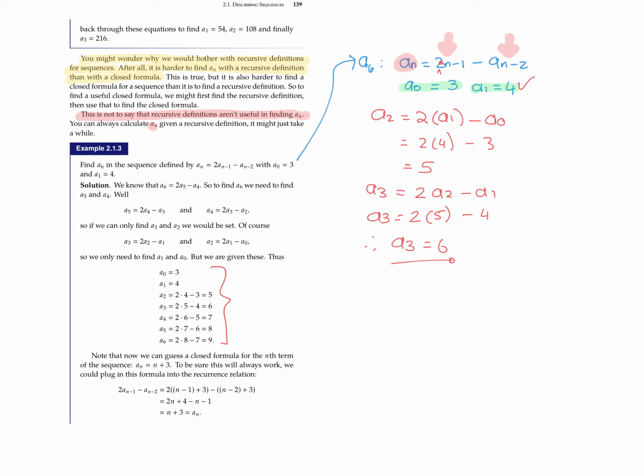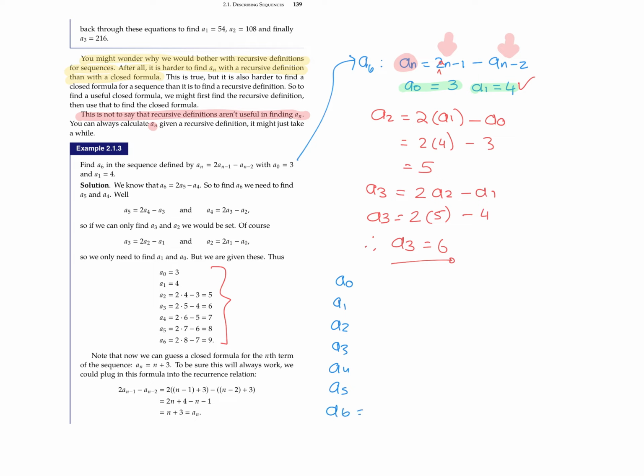Now let's see the first 6 terms obtained from the recursive definition. I'm going to change color. We've got a0, a1, a2, a3, a4, a5, and a6.